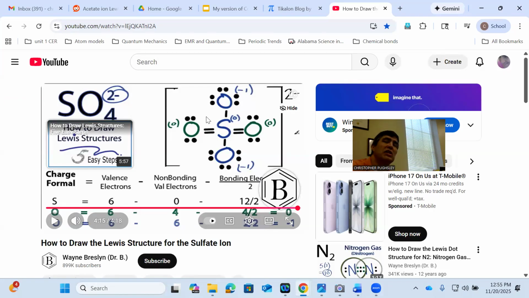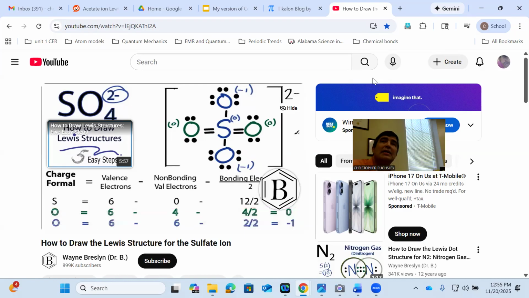But we're also going to see that this is a resonance structure. That means the electrons kind of rotate between all of these oxygens. We're going to be talking about that tomorrow. So you're ahead of the game, but we're going to see that coming up.